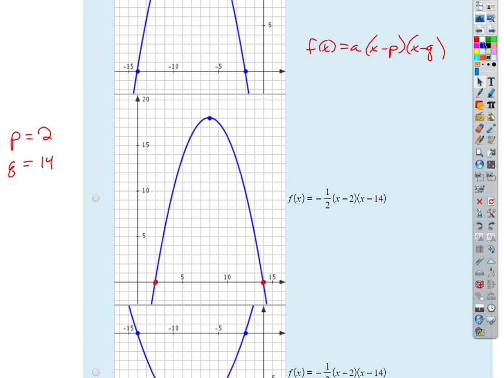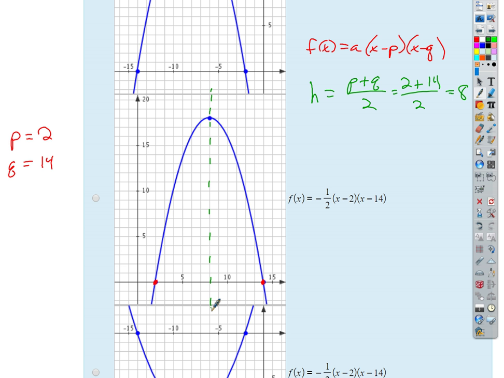So to find h, then, we're just going to average those, right? We know that h is always equal to p plus q divided by 2, the average of the two. So we're going to get 2 plus 14 over 2. What's 2 plus 14? 16 over 2 is what? 8. Okay, so then we know that over at 8, there's the axis of symmetry, right?